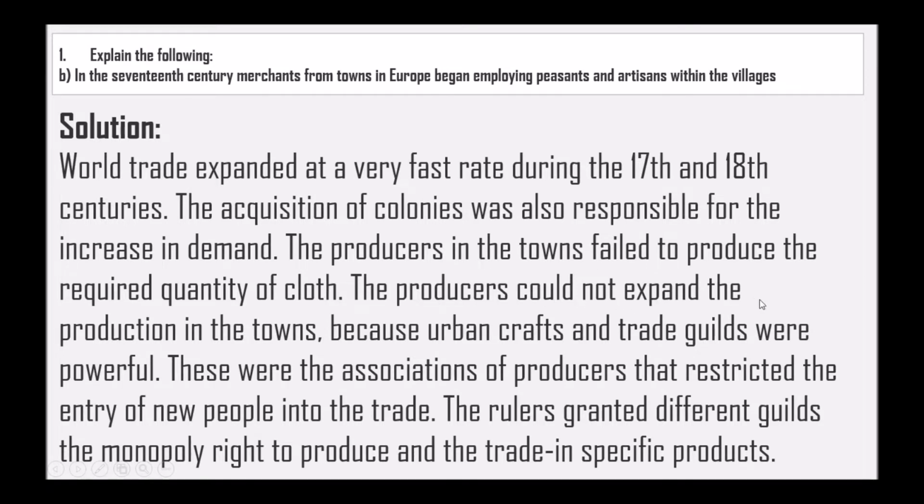The producers could not expand the production in the towns because urban crafts and trade guilds were powerful. These were the associations of producers that restricted the entry of new people into the trade. The rulers granted different guilds the monopoly right to produce and trade in specific products.